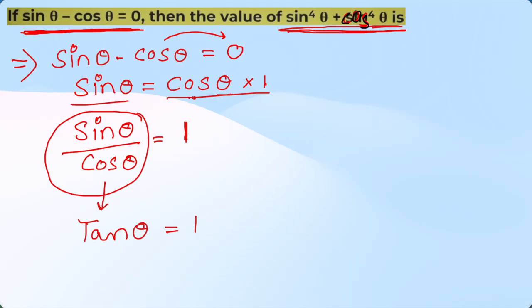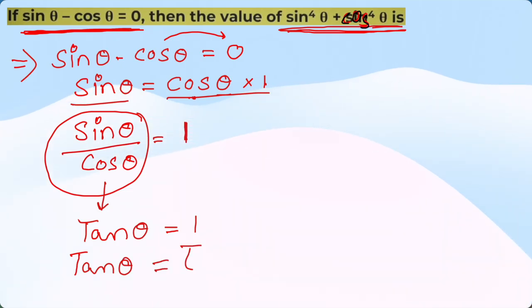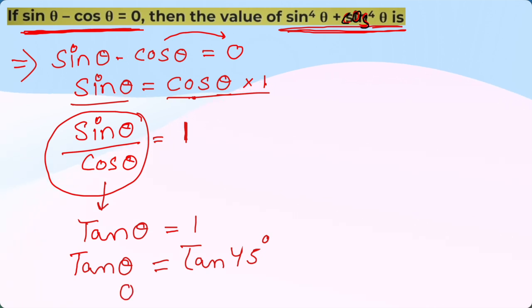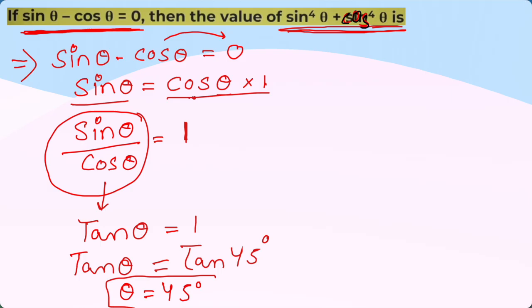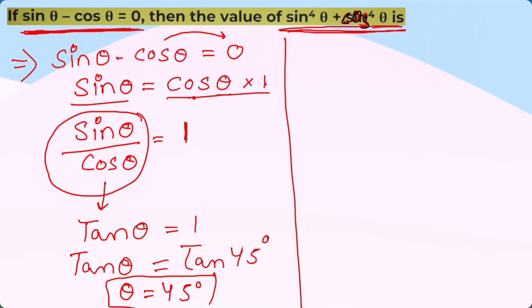So again we have to compare, because I need to find the value of theta. So tan of what angle gives me 1? It is tan 45 degree. On comparing the values, theta equals 45 degree. I know the value of theta now. I can put this value in the given question.